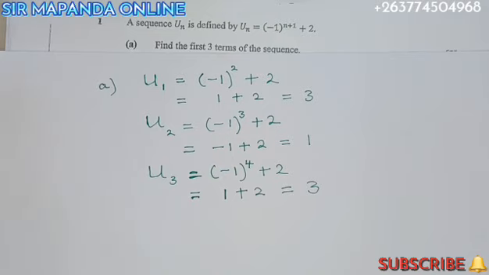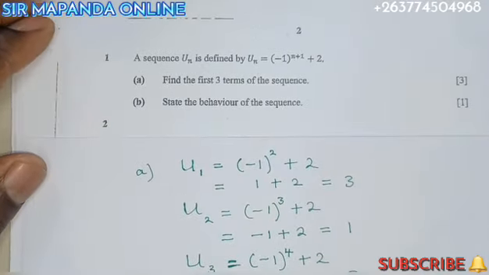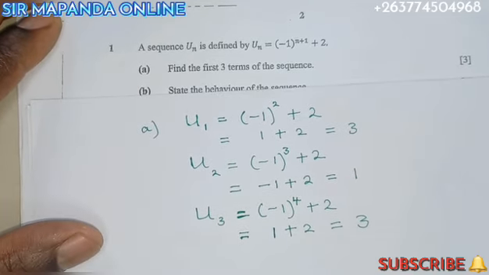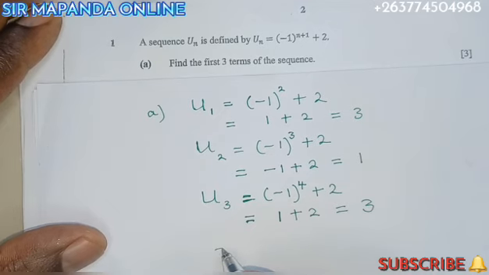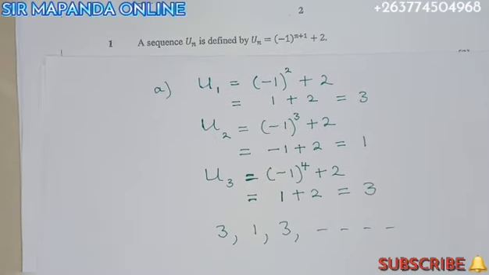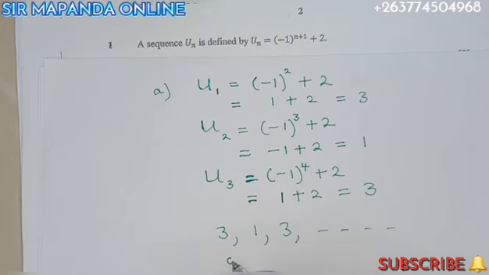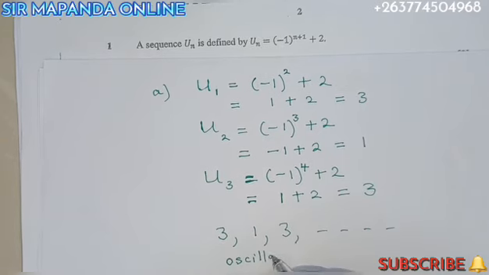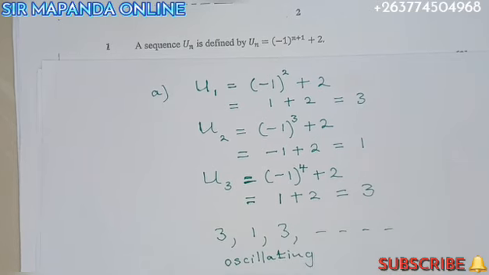Let us move on to part B of the question. State the behavior of the sequence, 1 mark. So you can notice that our sequence is starting with 3, followed by 1, followed by 3, and so on. If we were to find the fourth term, it was going to be 1. So we can say that the sequence behavior is oscillation, or you can say oscillating.